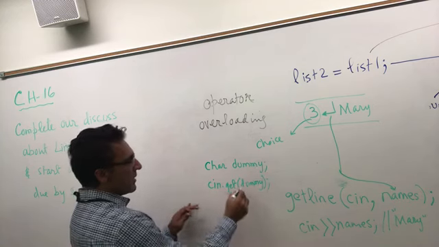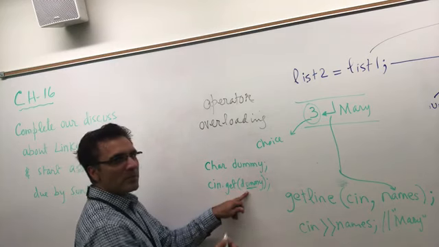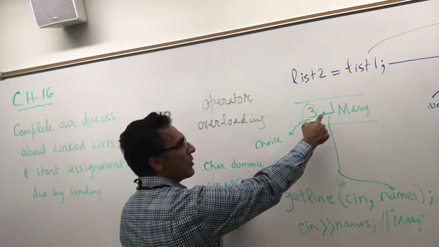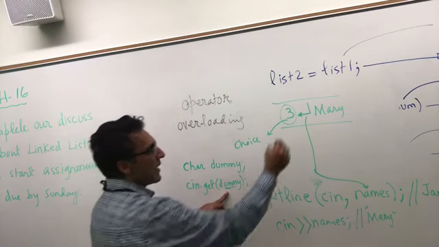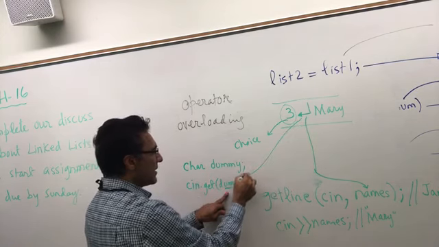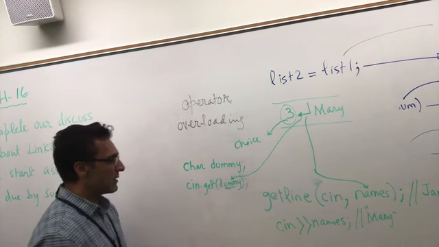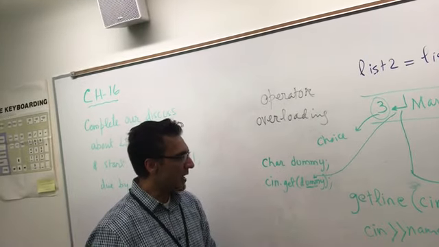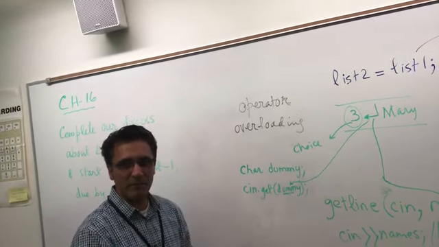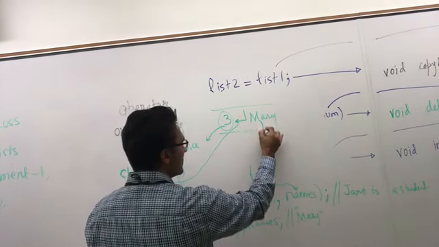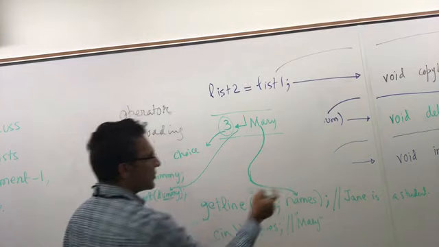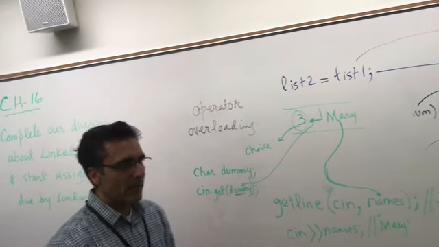It means this is a variable which has no purpose in my program, but I just want to clear that enter key because I want to use getline. So then this enter key will be accepted in this dummy variable, and then it will be discarded. Then if you do it that way, this value will be moved on to the names variable.